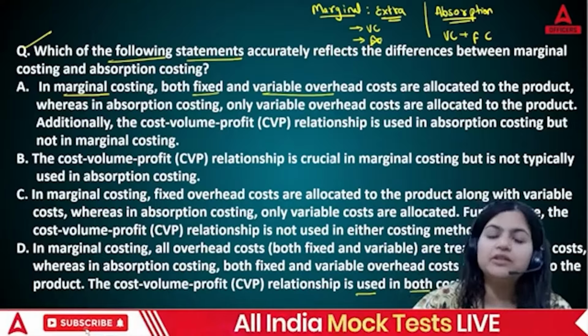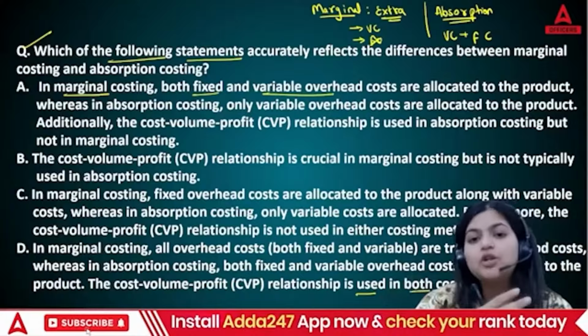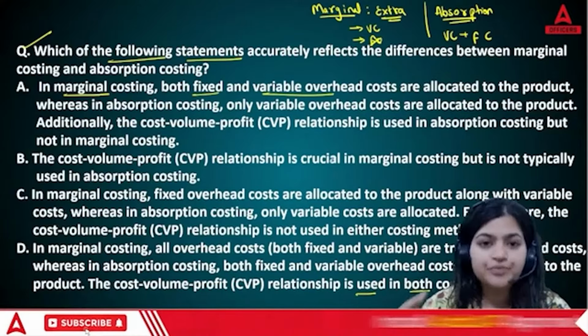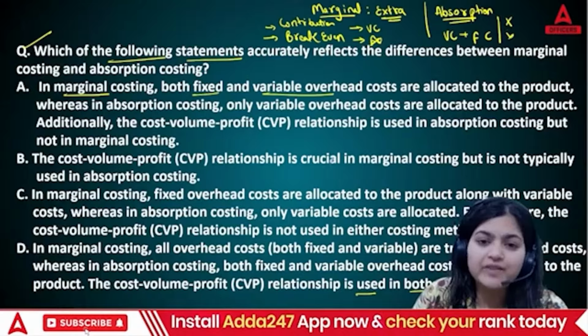In one method you are adding fixed cost, that is absorption. In marginal costing you are ignoring it. In marginal costing only, you are calculating contribution. Here you are calculating break even points. But in absorption costing we are never going to calculate any contribution or break even points.